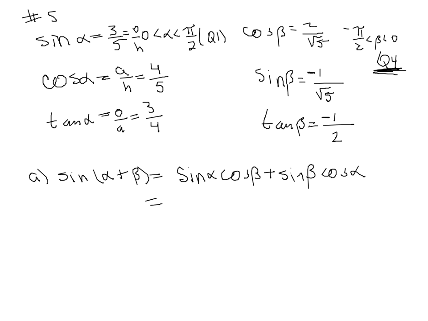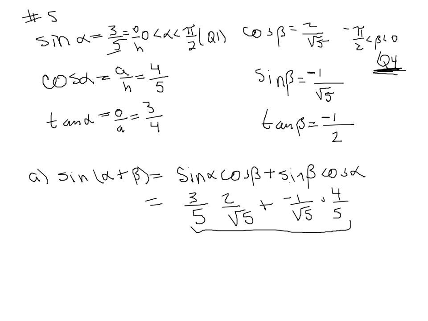All right, so we just plug in: sine alpha is 3/5, cosine beta is 2 over the square root of 5, plus sine beta, which is minus 1 over the square root of 5, times cosine alpha, which is 4/5.